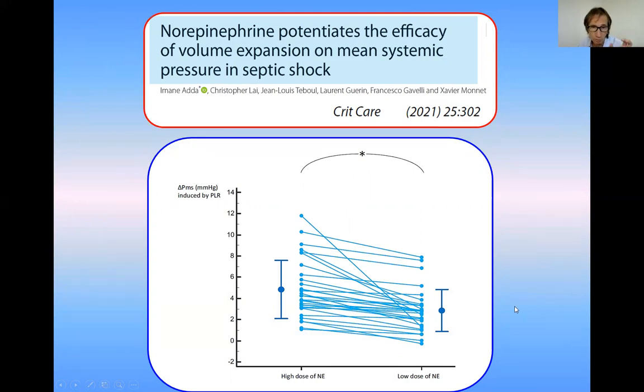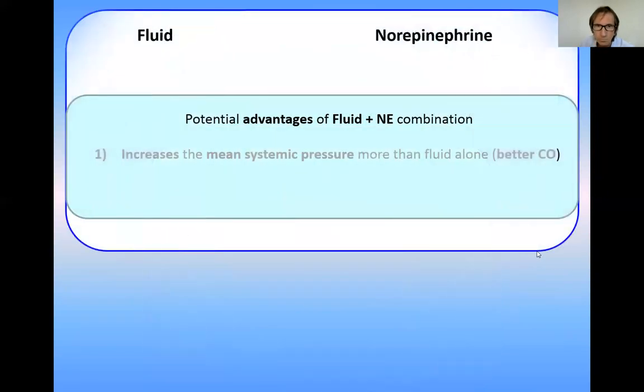And therefore, we conclude that norepinephrine is able to potentiate the efficacy of volume expansion on mean systemic pressure, because in all cases, PLR increased mean systemic pressure, but more with a high dose of norepinephrine compared to the low dose of norepinephrine. So there is a synergistic effect of the combination.